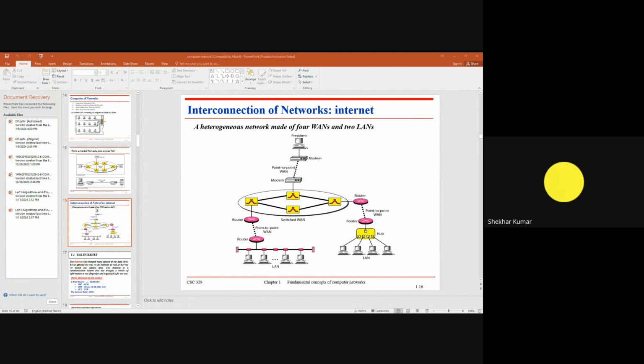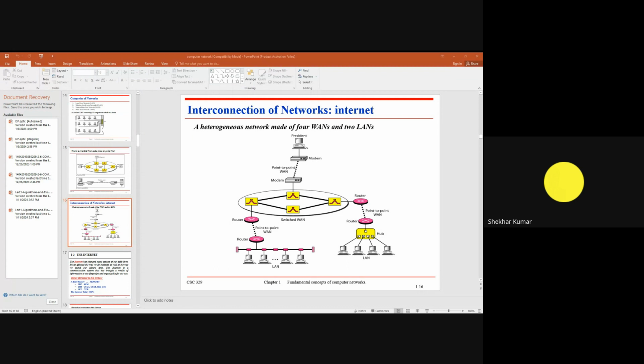Its geographic scope is between a WAN and a LAN. They typically use wireless infrastructure or optical fiber connections to link their sites. For example, in a city, we use MAN.